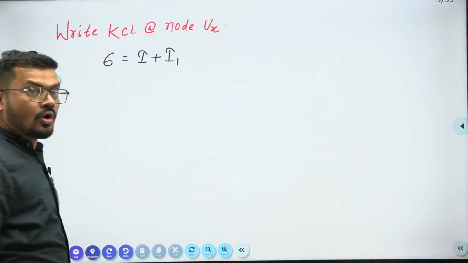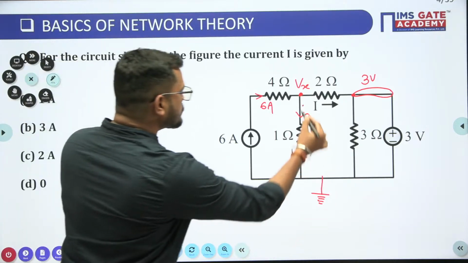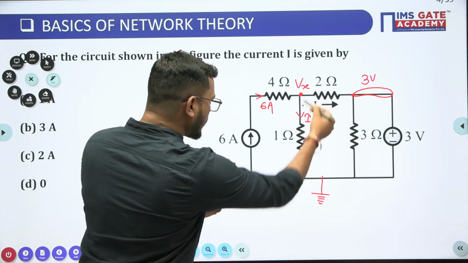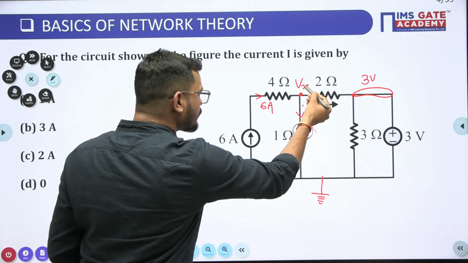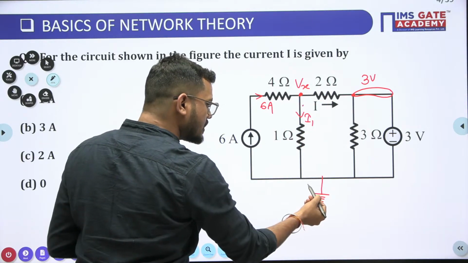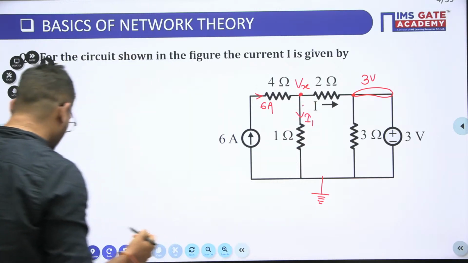Is it clear now? What about I and I1? As we know, I is voltage divided by resistance. This node voltage is Vx, and this node voltage is 0, which is grounded. So this is Vx minus 0 divided by 1, which is Vx, guys.